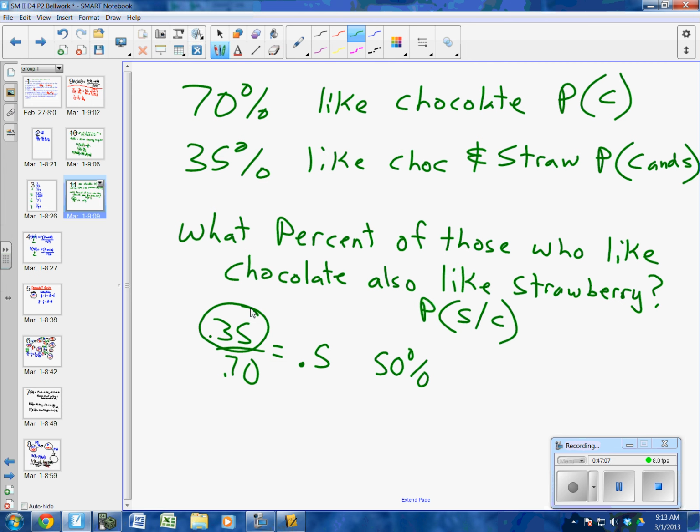We were given the 70% like chocolate, and we got 0.5, which is 50%. We use these two equations right here. The probability of B given A is equal to the intersection divided by the probability that you're given. Okay, so everybody go to your assignment now. All you have to do is figure out which one's the intersection and divide it by the other one.